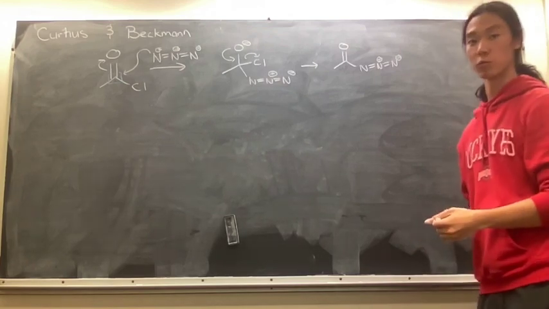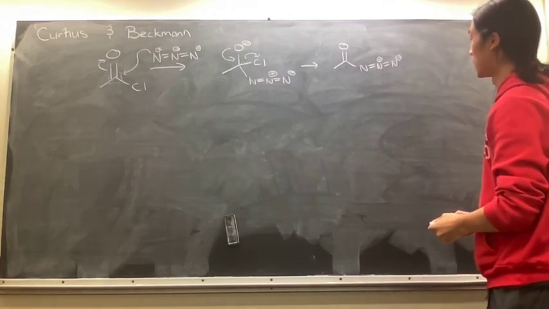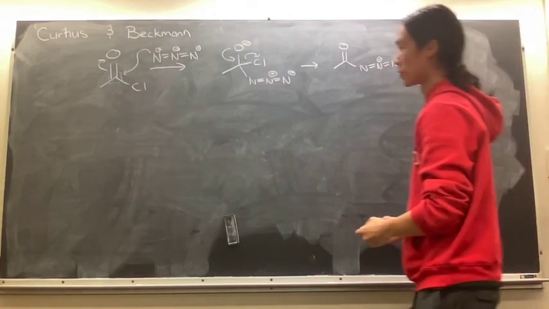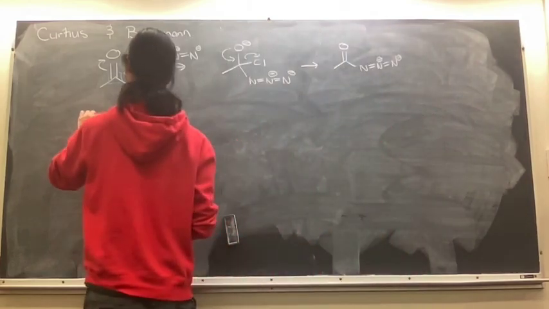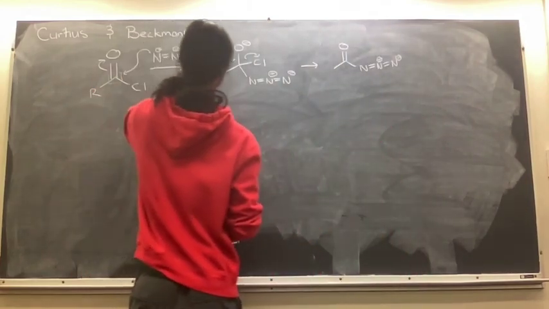Now I'm going to just quickly draw some resonance structures, basically so that we can get the motivation to create this isocyanate. Let's draw an arc here.